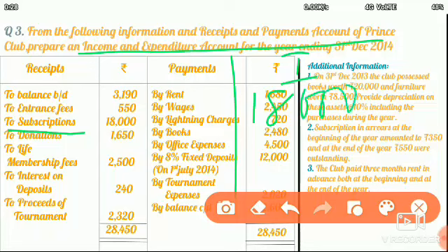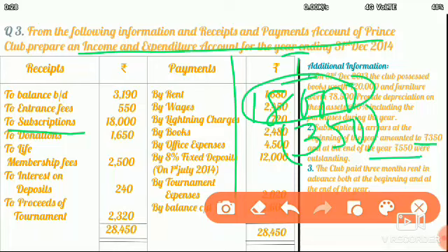Then from the additional information, the outstanding of the previous year, we will assume that it is received in the current year, so it will be included in this 18,000, but it is of the previous year, so we have to subtract it. And the outstanding of the current year, we will assume that it is not received.